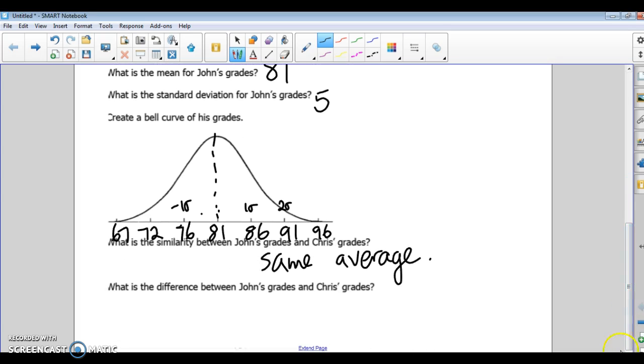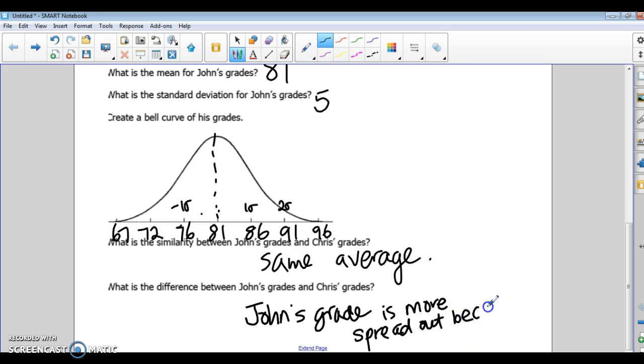So you can write it in your own words, but I can just write: Chris's grade is more spread out because he has a higher standard deviation. Does that make sense to you? So really, the standard deviation will tell you about the spread, okay? And the bigger the standard deviation is, the more spread out it's going to be, all right?